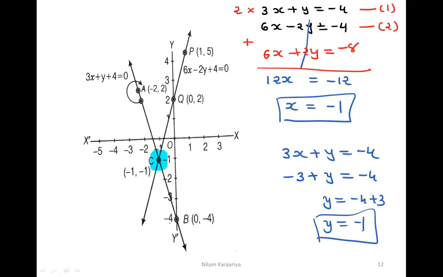So any method helps you to find any point which you want. If you are not able to do it by the graph, you just use any method, randomly solve it, and give the point a name when two lines are intersecting. This is the solution.